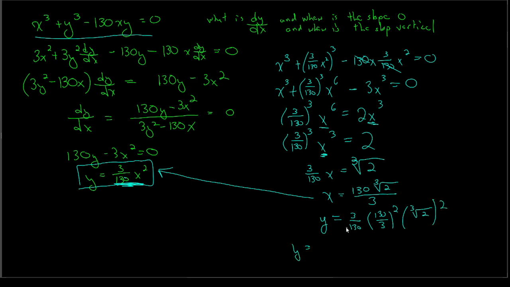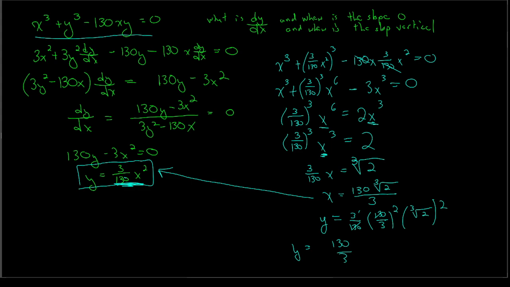So y will be 130 over 3 times, well, if I square this, that's going to pull out a 2. Right? This is if I have a cube root of 2 and I square it. So I have the cube root of 2 times the cube root of 2.